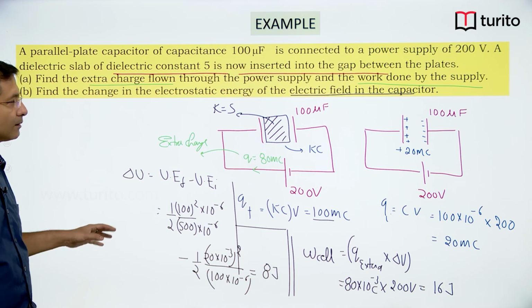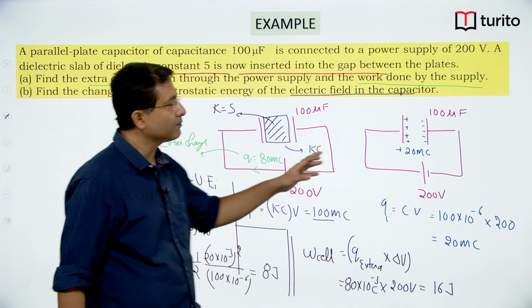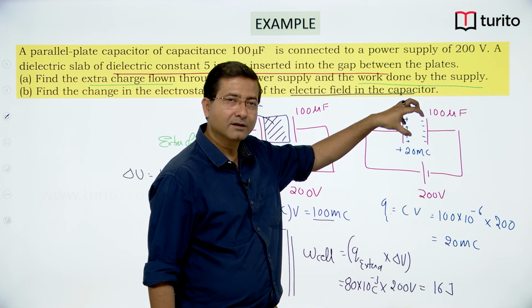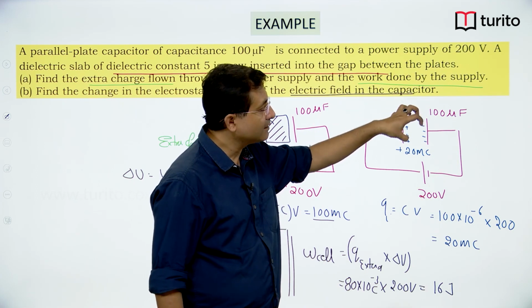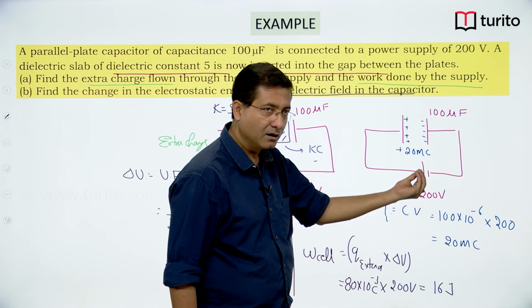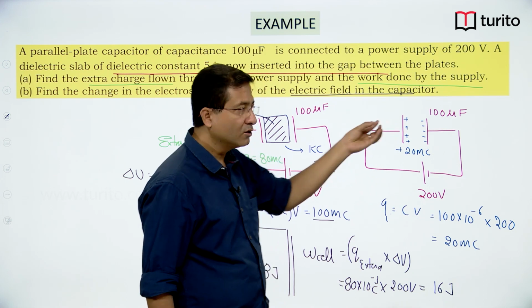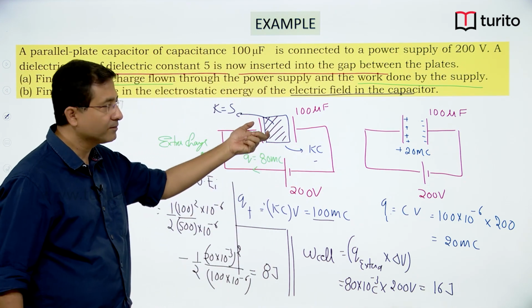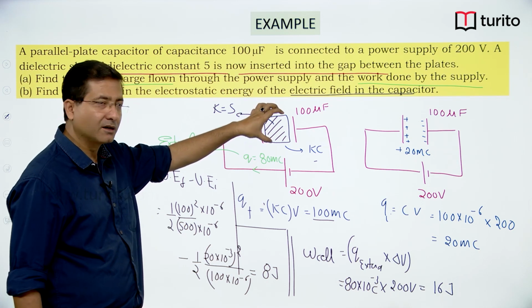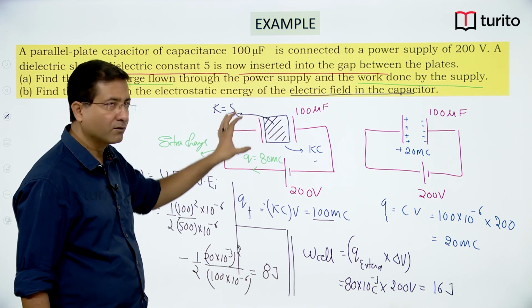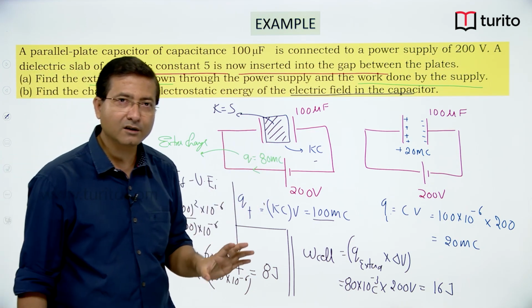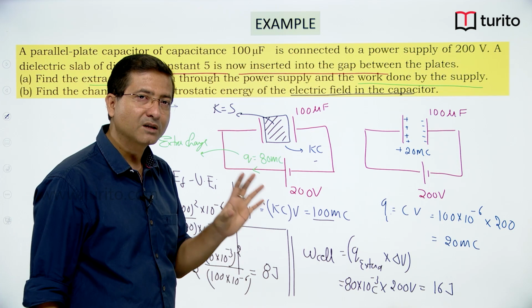So this is an example of when we disturb the equilibrium of the circuit. When you just add a dielectric, the capacitance of the arrangement gets changed. To adjust to the new change, the cell will deliver extra charge to maintain the equilibrium. So this much extra charge will appear on the capacitor, and then there is no further flow of charge, because the whole arrangement acquires a steady state.